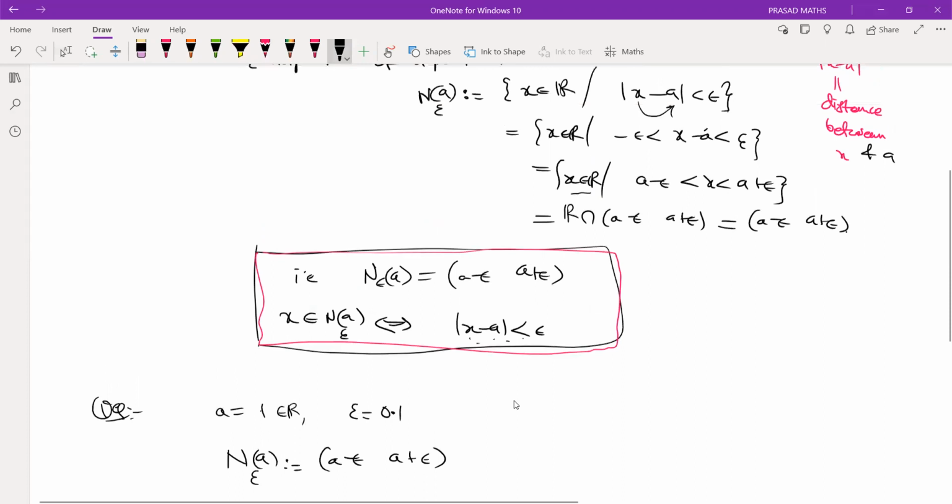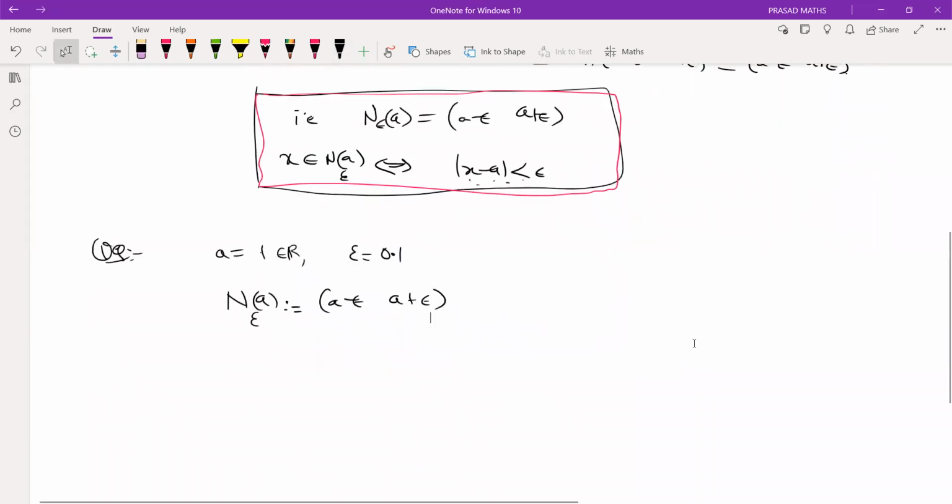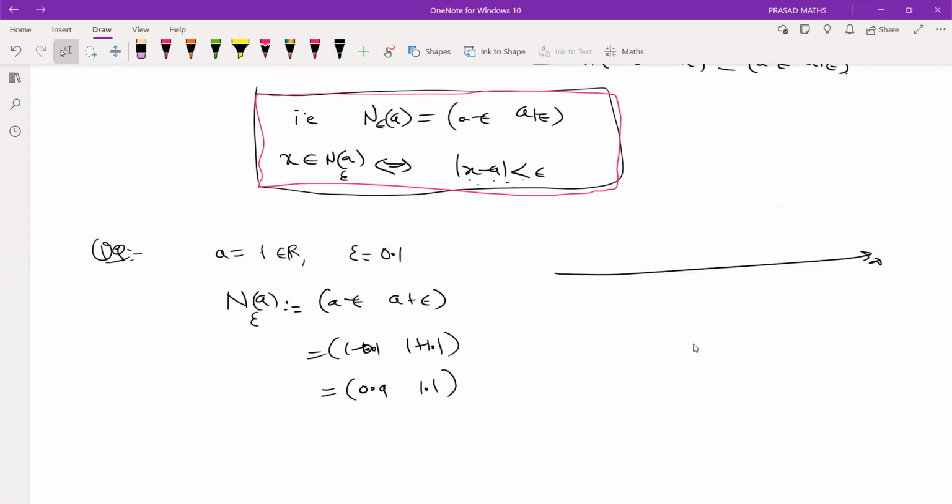This is in the usual metric space R; we will see later when I deal with metric spaces. So what is my a here? My a here is 1, so the neighborhood is 1 minus 0.1 to 1 plus 0.1, that is, 0.9 to 1.1. This is my center, and this is 0.9 and this is 1.1.